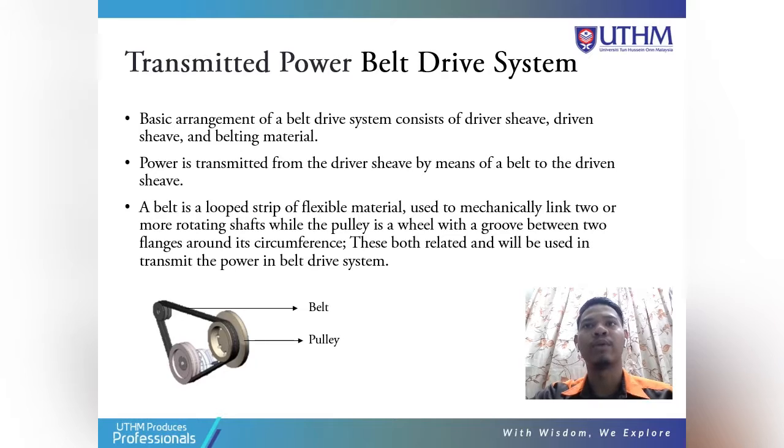When we look at the figure, there is the belting and pulley, and one other is the shaft. The shaft will connect to the driver, which is the motor, and when the motor is rotating, the shaft will rotate the pulley, and then the pulley will rotate the belt, and the belt that connects with another pulley will rotate the other pulley.